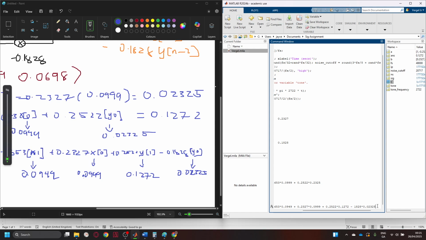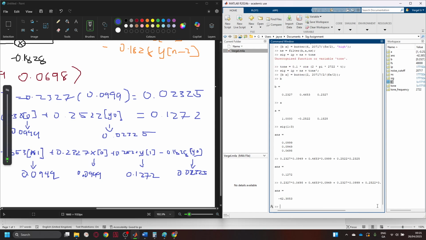And hopefully it gives us the right answer. Negative 42. What did I do wrong?